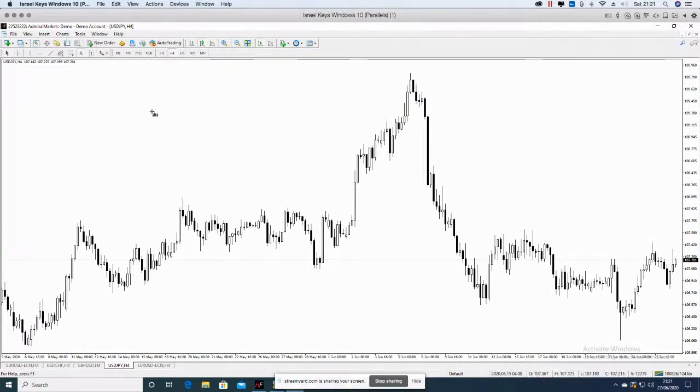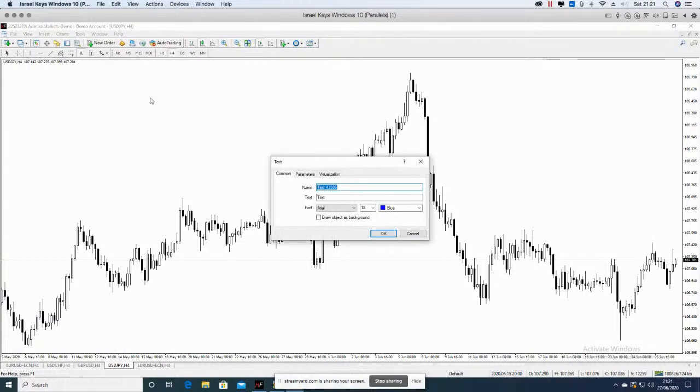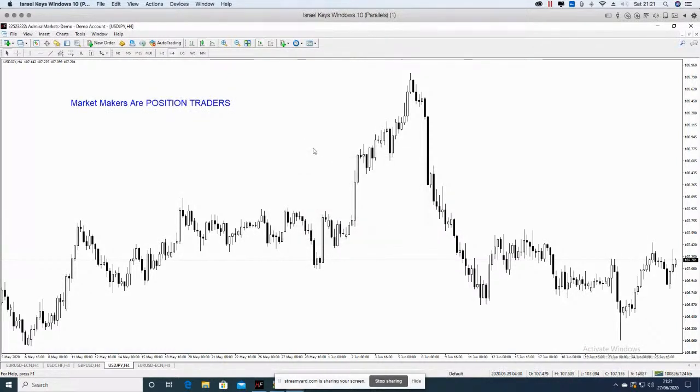Never forget this. Market makers are position traders. What this means is they're not in the market for 20, 50 pips. You've got to understand this.